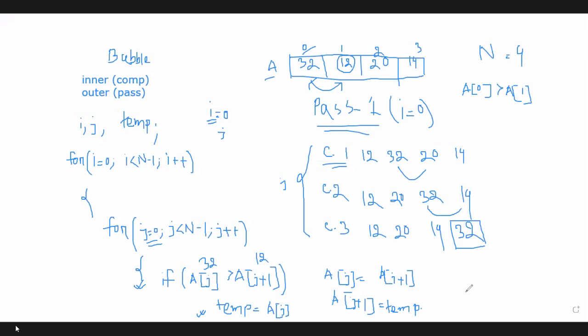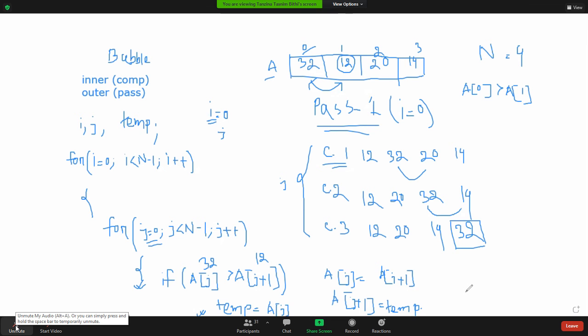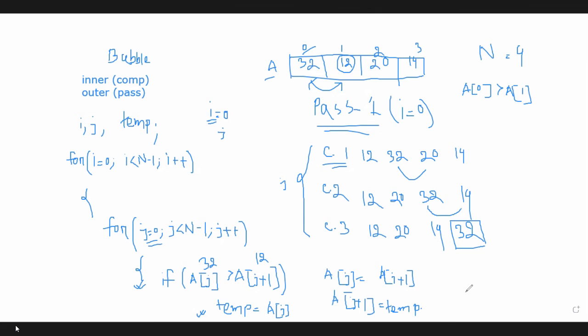When the array has 4 elements, we need n minus 1 passes. Inside each pass, we need n minus 1 comparisons. And bubble sort can compare a maximum of 2 data elements at a time.